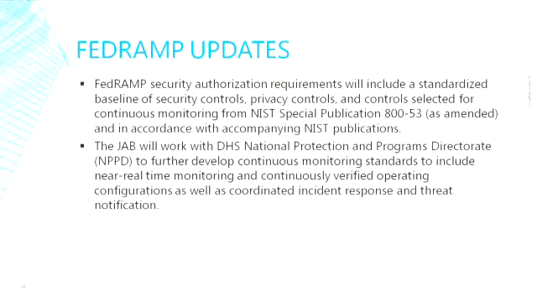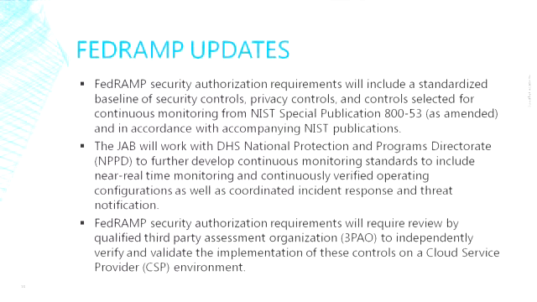The JAB will work with the Department of Homeland Security's National Protection and Programs Directorate to further develop continuous monitoring standards to include near real-time monitoring and continuously verified operating configurations, as well as coordinated security incident response and threat notification. The FedRAMP security authorization requirements will require review by qualified third-party assessment organizations.